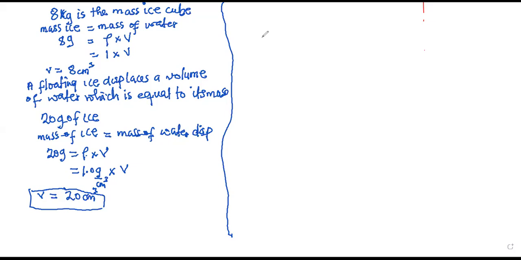Now, when the ice melts, 8 grams of ice will melt to, or would produce, 8 grams of water.